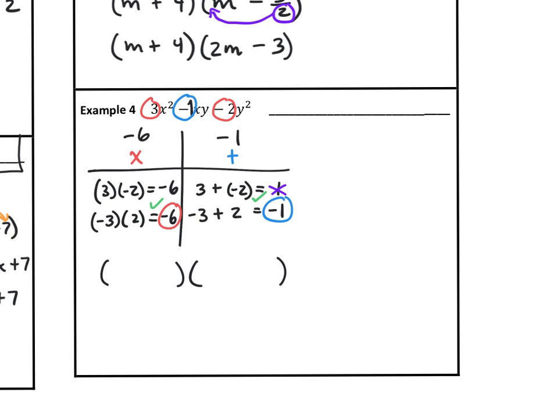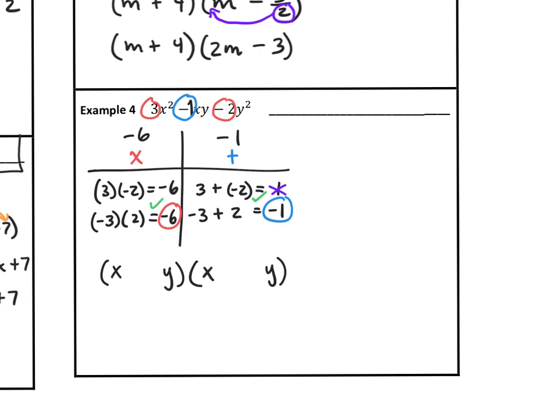And then this one's like the different one where it has 2 variables instead of 1. So if you notice, in the first term we have x, and in the last term we have y. So first and last. First x's, last y's. So the first thing I'm going to write in the parentheses is x's, and the last thing that I'm going to write is y's.